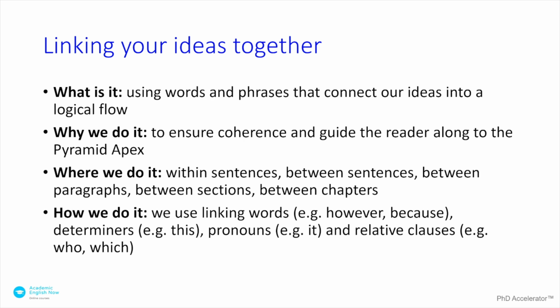Pronouns are basically used to substitute a given noun, so instead of saying approach, you just say it in the next sentence, and this provides a clear link. And you can also use relative clauses, and I've shown you before in this video a little bit more about how to use them. Relative clauses start with who, which, that, where, when, and things like that.